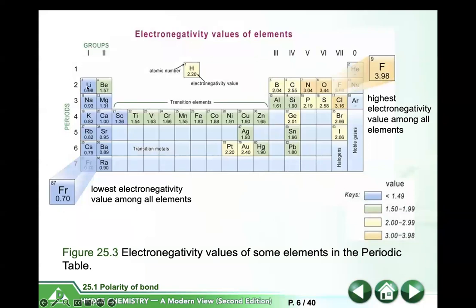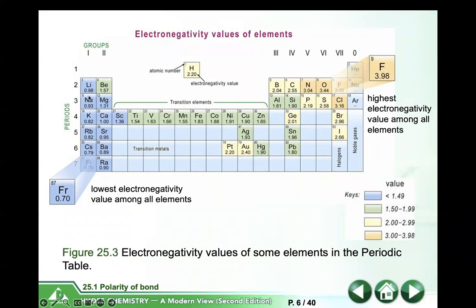For example, lithium is assigned the value of 0.98, while fluorine is 3.98, and hydrogen is 2.20. You don't have to remember those values. However, the general trend, which we will talk about later, you have to know.